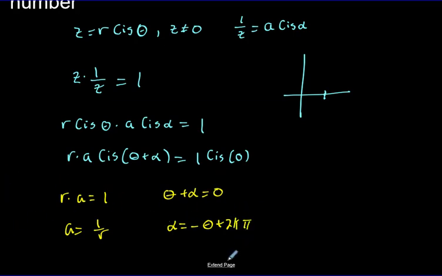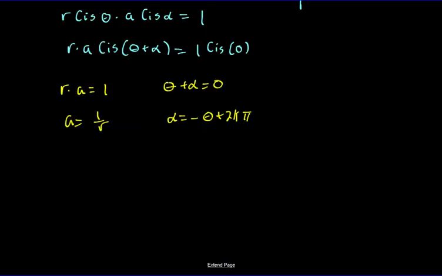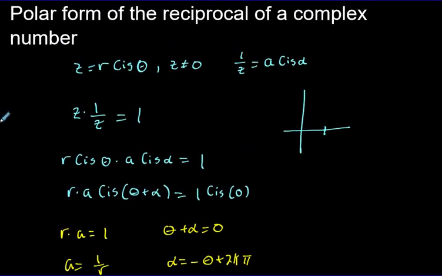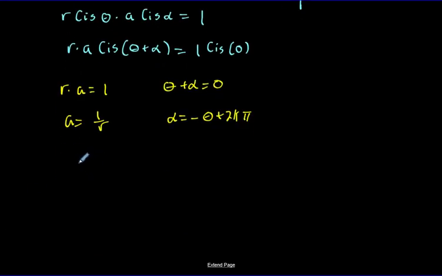And that gives us a few things. What does that mean? What if I take some z1 over z2? That's the same as taking z1 times 1 over z2.